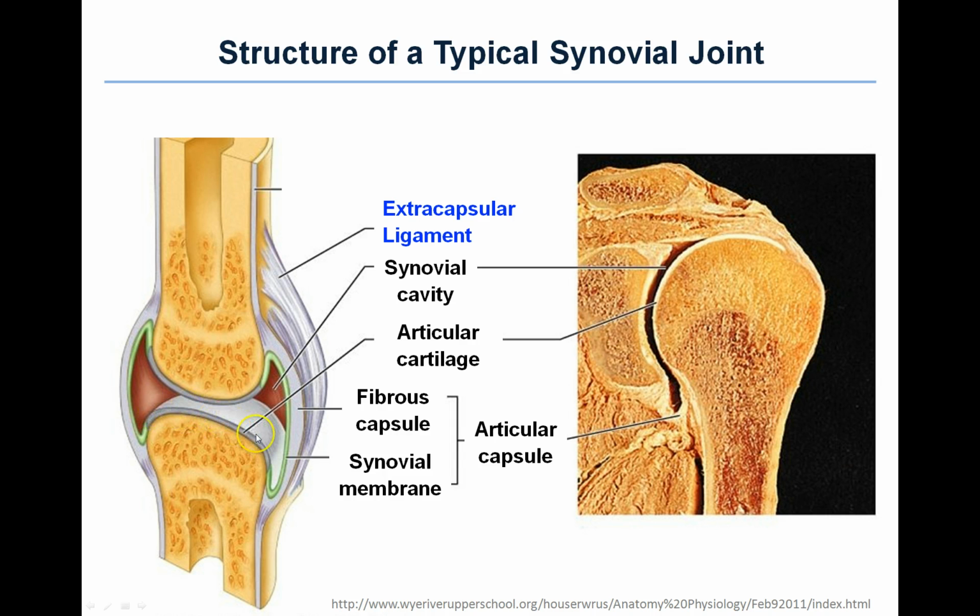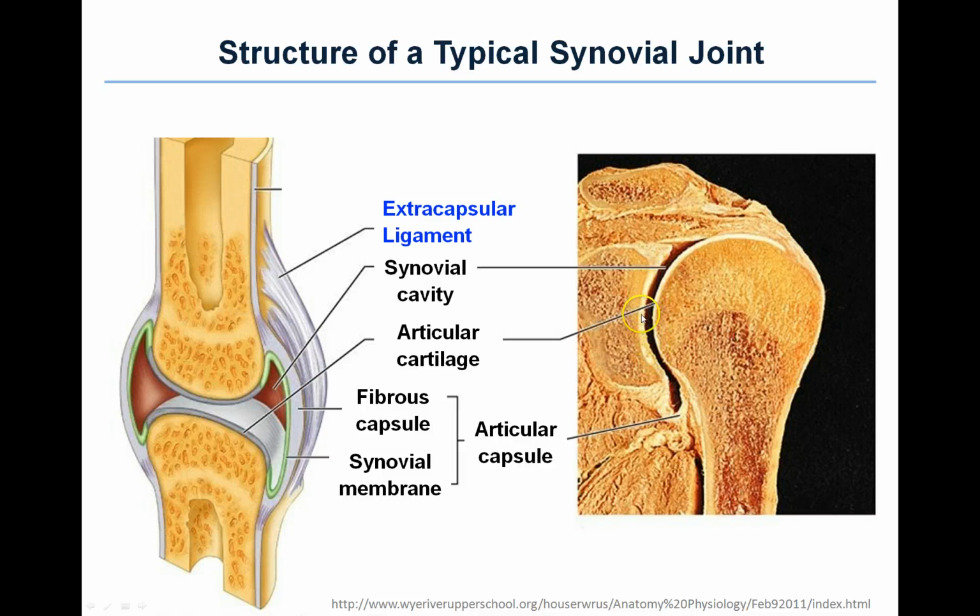Lining the actual bone surfaces is the articular cartilage, and the articular cartilage formed from hyaline cartilaginous tissue is extremely important in allowing a lubricated surface and a shock-absorbing pad during the actual loading of a synovial joint. In this real section through the shoulder, we can see this white area of tissue, which is the articular cartilage, lining the bone surface.